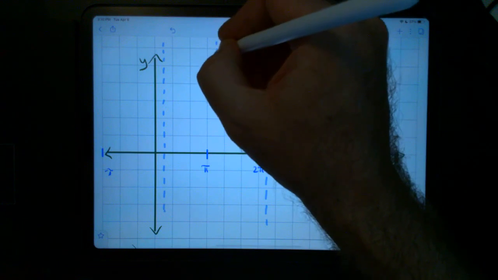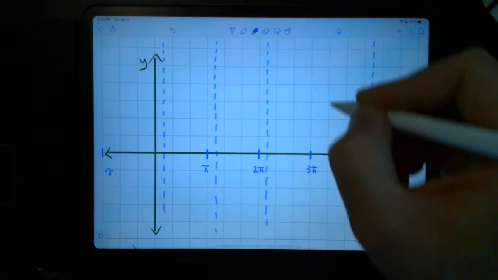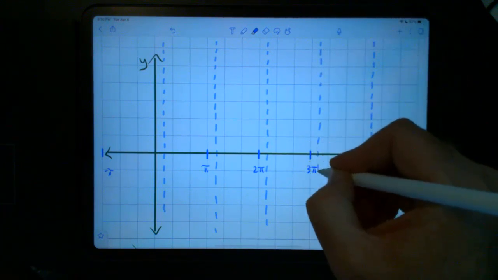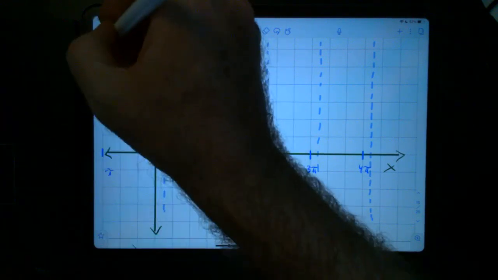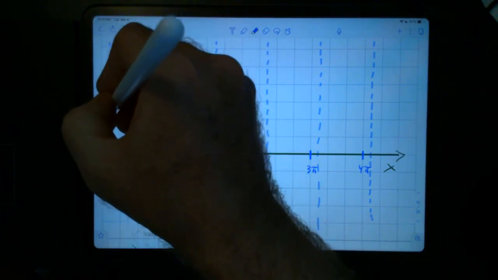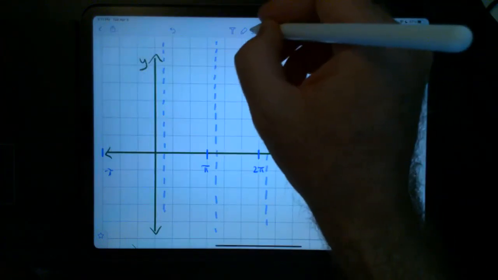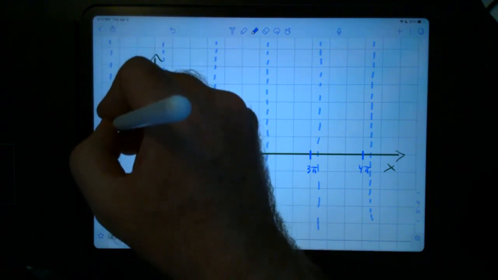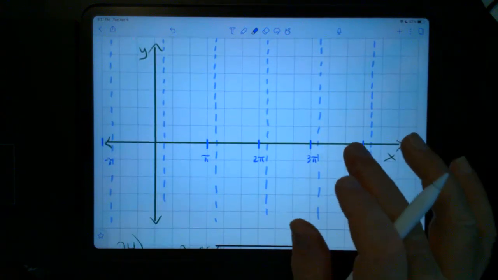So here we have an asymptote. You'll see when I complete the graph what I mean by this. So those are my asymptotes.